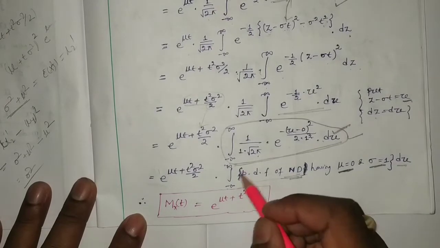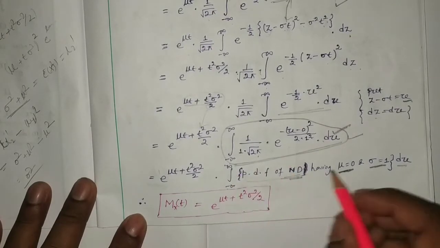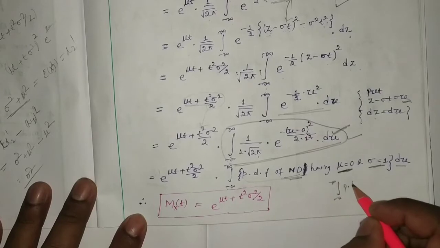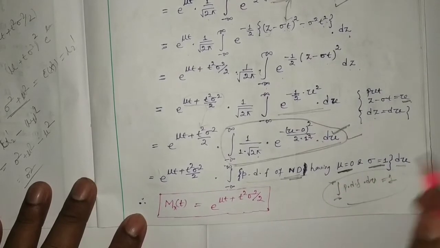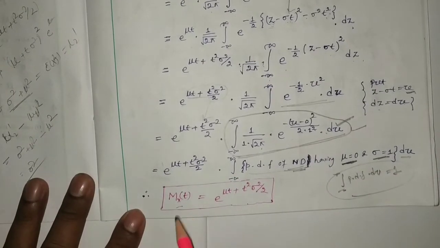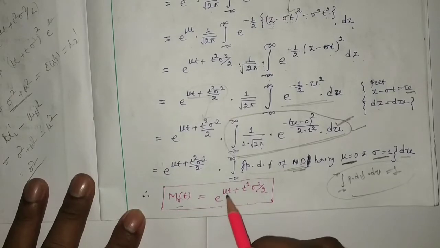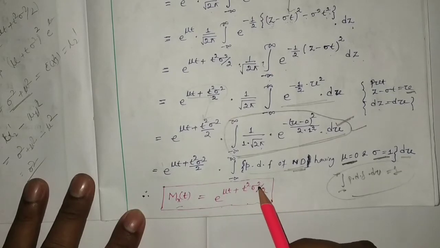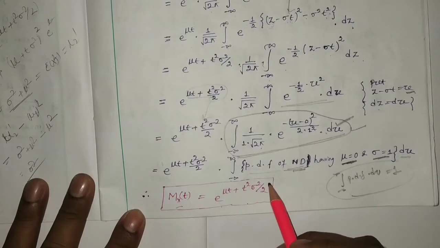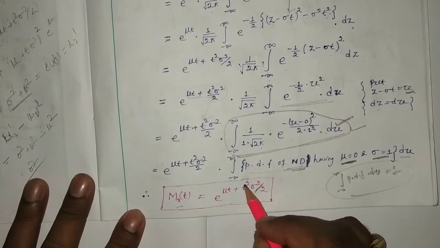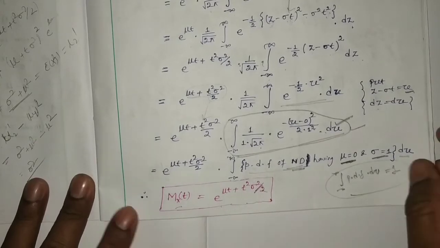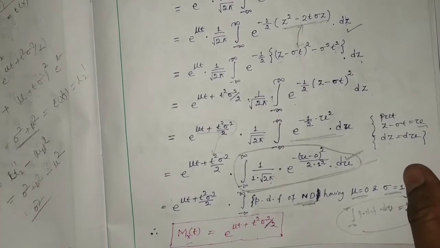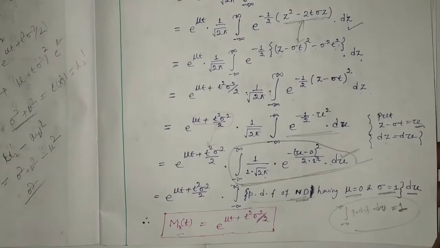If we integrate from minus infinity to plus infinity, the PDF into du will be equal to 1. So at last we got M_X(t), the moment generating function of the normal distribution, equal to e to the power mu t plus t square sigma square by 2. This is the moment generating function of the normal distribution about the origin.